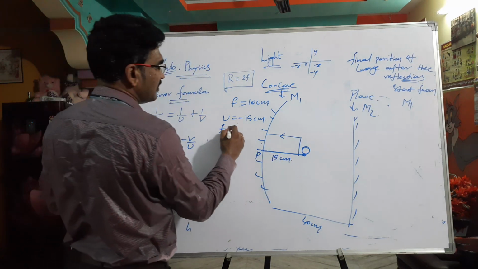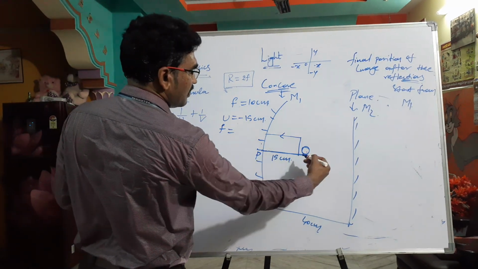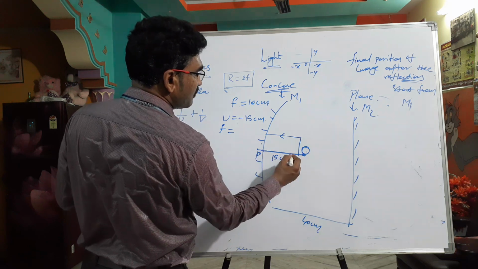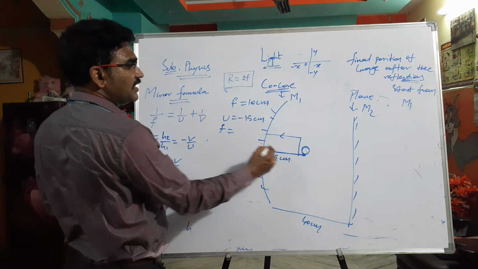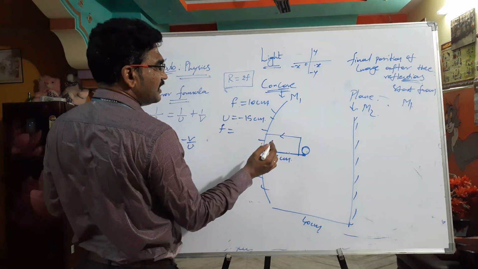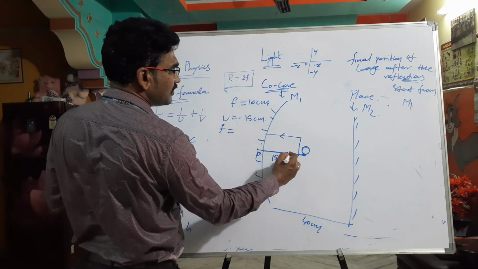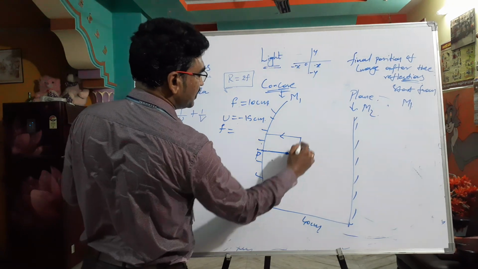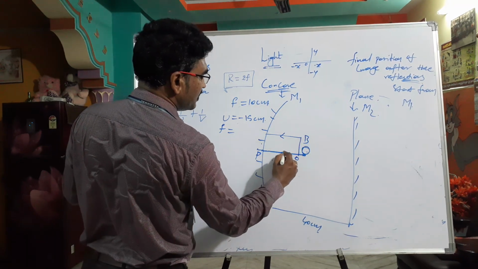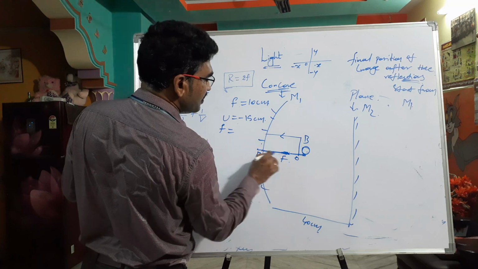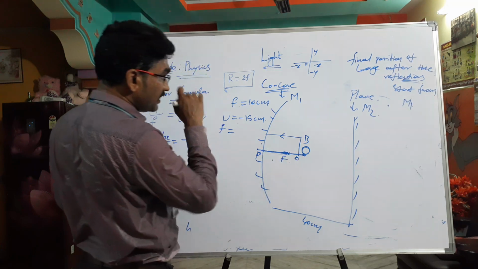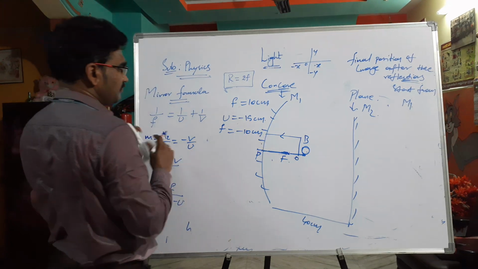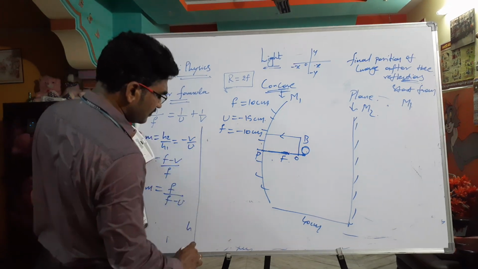Focal length, F is focal length. For a concave mirror, the principal focus will be in front of the mirror. In front means here. This is the object, here f will be there. Incident rays are moving in this direction, so focal length also minus 10. Then calculate v.